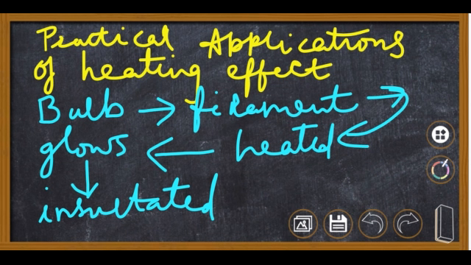So this filament is always insulated, and that is why these bulbs are filled with inactive nitrogen and argon gases, so that they do not pass the temperature of the heating filament to the outside environment, so that the bulb doesn't get damaged. And this heat generated when the filament metal starts glowing is radiated as the light we get from the bulbs.